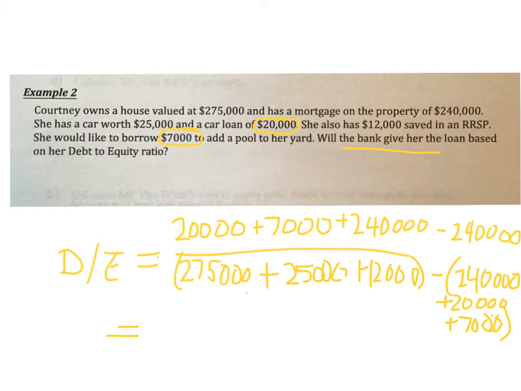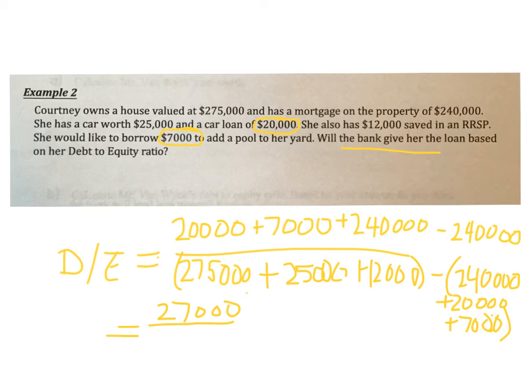Okay, so looking at calculating on the top, so I've got 20,000 plus 7,000 plus the 240,000. But then I'm taking off the mortgage, so it's not included in the top. So on the top, I'm looking at 27,000 of liabilities excluding the mortgage. And then the bottom, we have her assets, so 275,000 plus 25,000 plus 12,000.